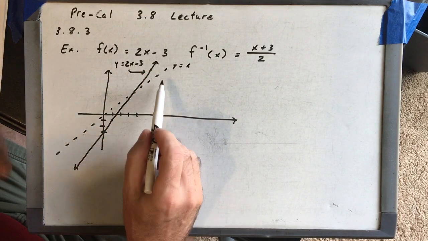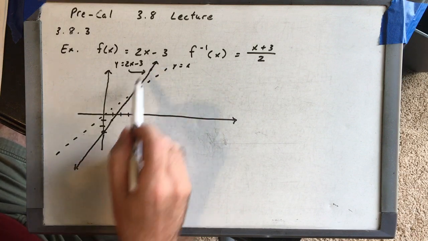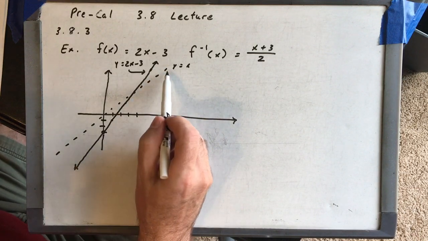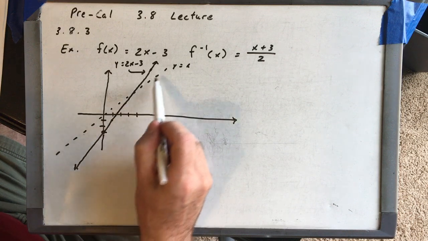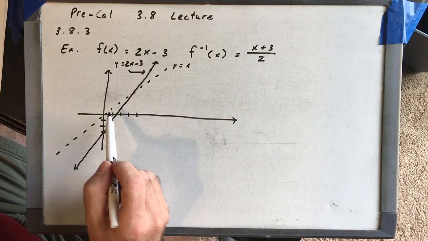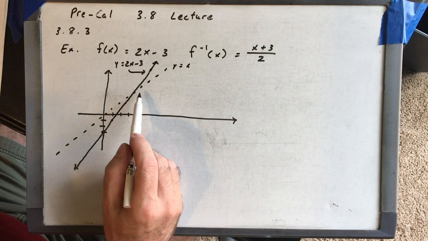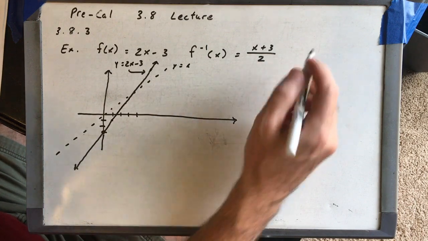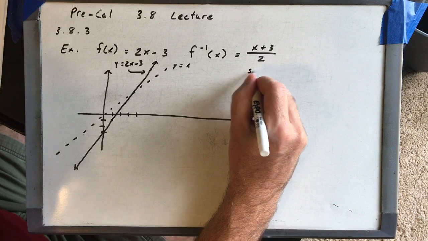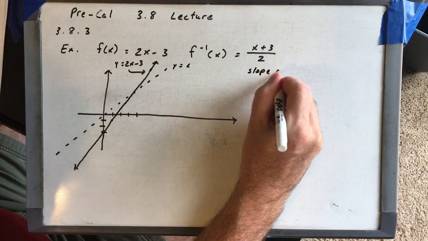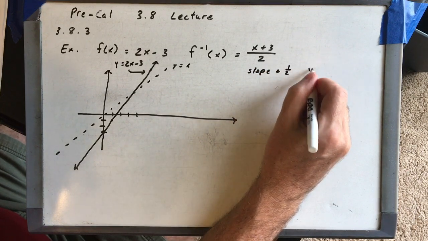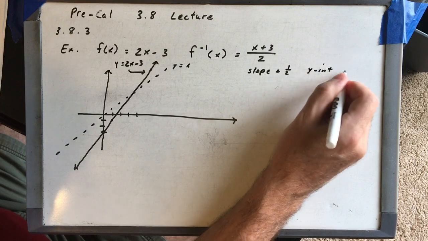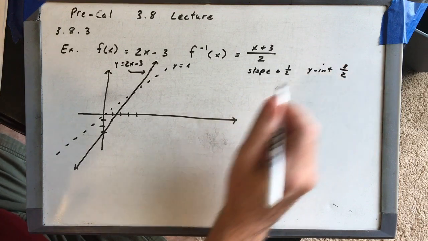So if you were to put paint on that and fold that paper across the y equals x axis, where would it land on the other side? Well, it would give you the inverse, (x plus 3) over 2. X plus 3 over 2 has a slope of a half and a y-intercept of 3 over 2.